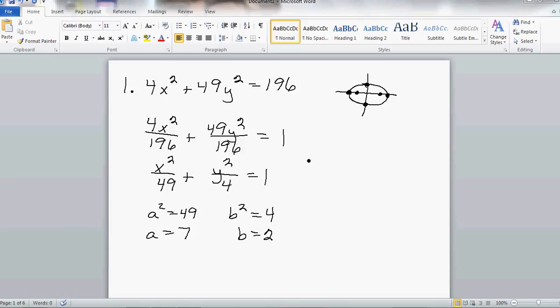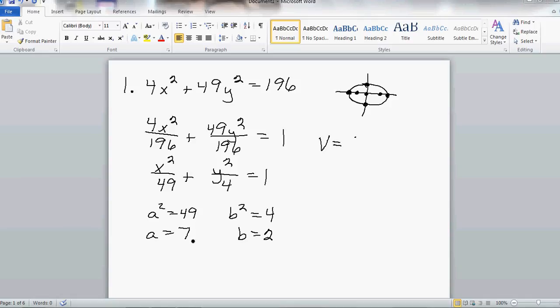So the first thing is we want to find what the vertices are. Now the vertices are relatively simple. First of all, just like last section, if this doesn't have x plus 3 in parentheses or y minus 5 or something like that inside parentheses, then the center will be at 0, 0. And that makes life a whole lot easier. But now we need to determine what the vertices are. Well, that's where a and b come in.